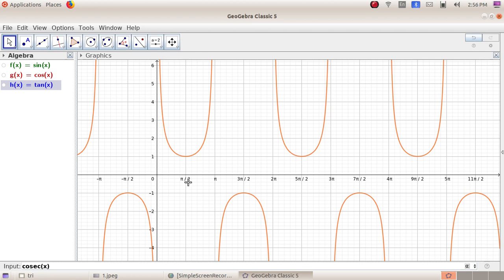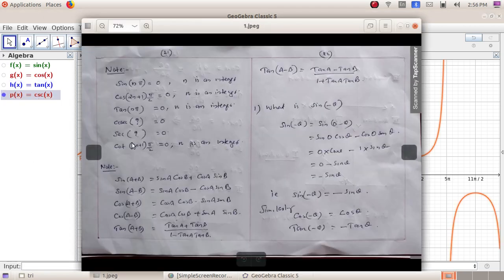Here cosec pi by 2 is equal to 1, cosec 5 pi by 2 is equal to 1, but at which value is cosec x equal to 0? This cannot be seen here because the graph doesn't touch the x-axis, right? That is why here a question mark. So suppose cosec theta is equal to 0, then theta is not valid. Similarly, if sec theta is equal to 0, then theta is not valid.